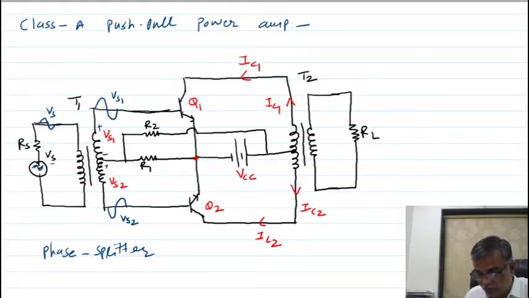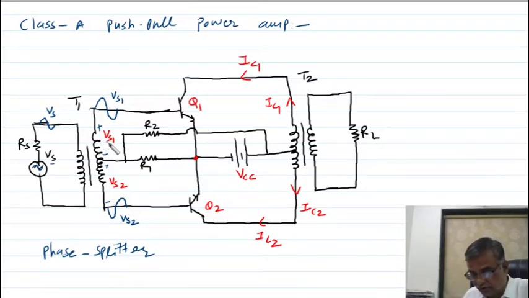Both these having how much phase shift? 180 degrees. So I can say T1 is called a phase splitter, which provides two signals VS1 and VS2 having a 180 degree phase shift, and both the signals are applied to the base of transistors Q1 and Q2.